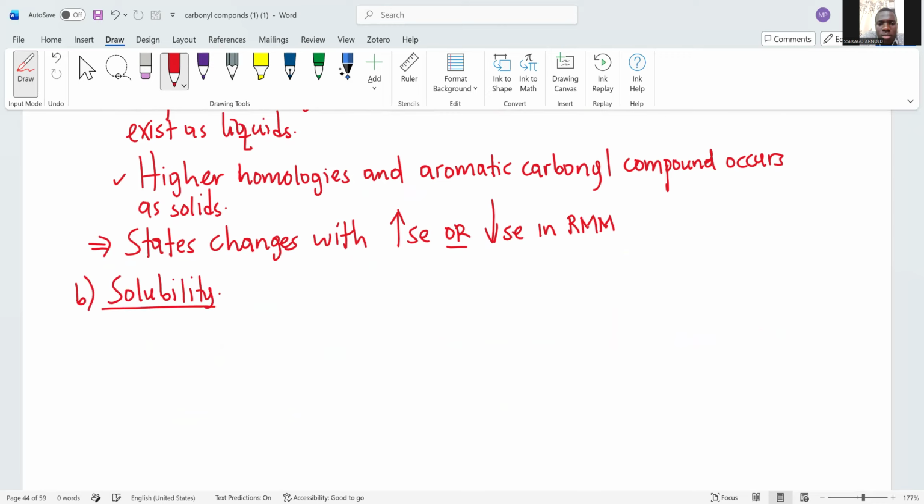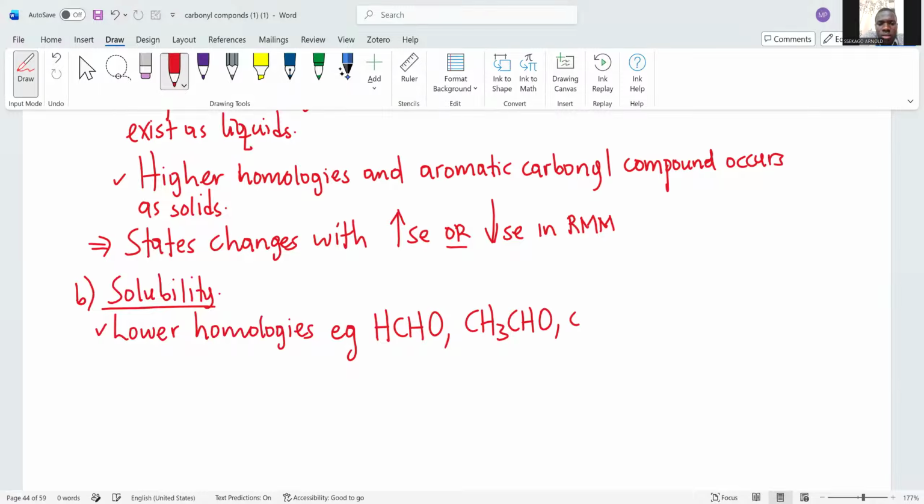Lower homologies, for example methanol, ethanol, propanone, propanol, are soluble in water.